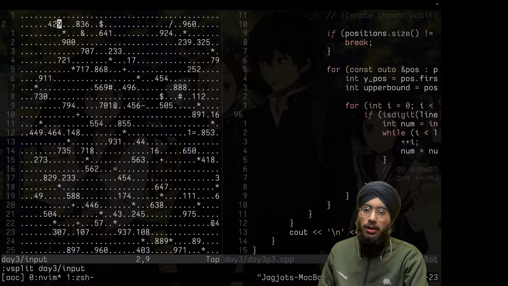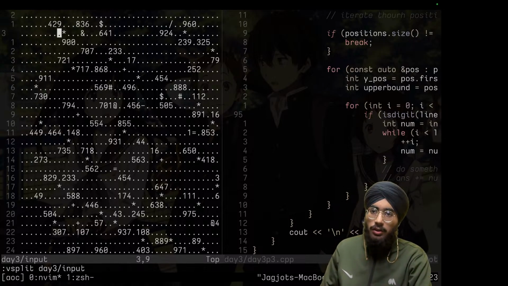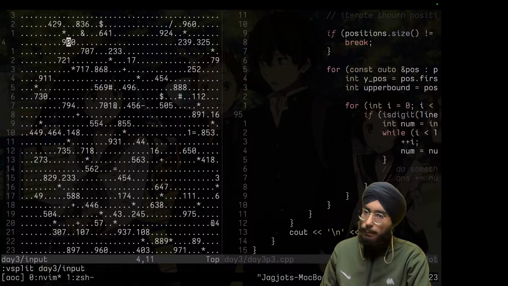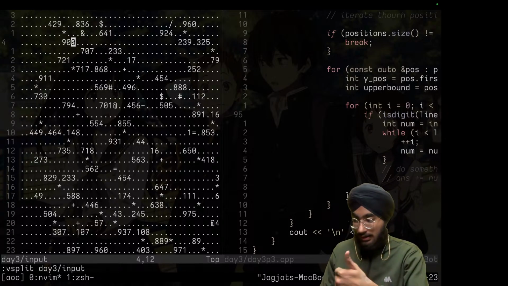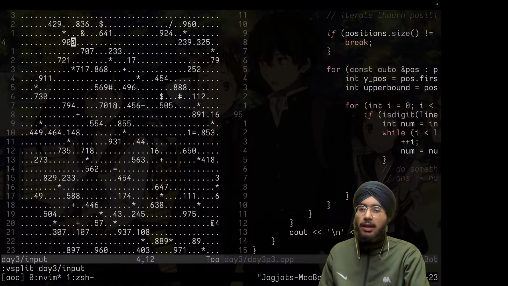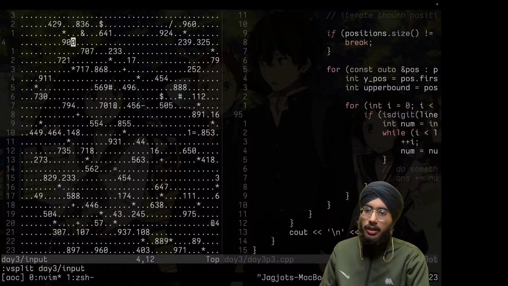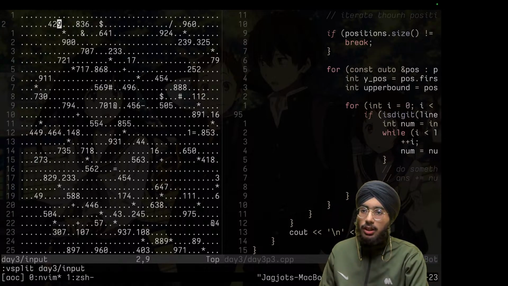Yes, it's gonna put this position in the positions list and increase the count, and then it is gonna just return. So this position is gonna be 1 comma.